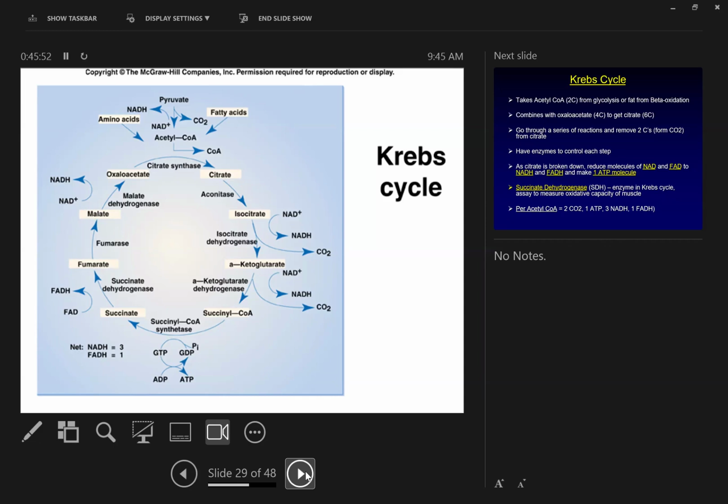Right here, this enzyme, alpha ketoglutarate dehydrogenase, is the rate limiting enzyme in the Krebs cycle. The only reason that I know that is that was the final Jeopardy question at a national quiz bowl competition that we had a team in about 7 years ago.